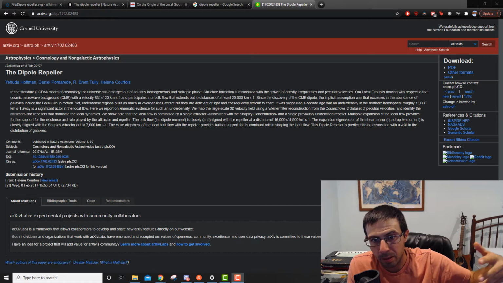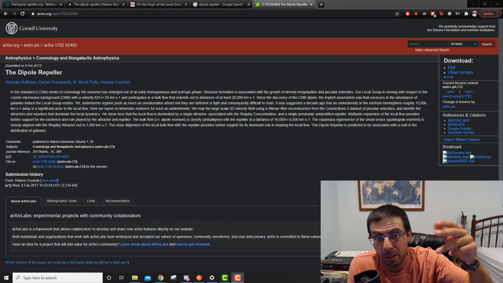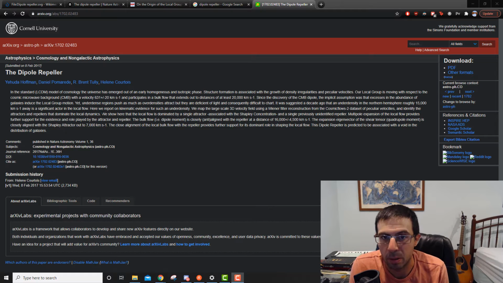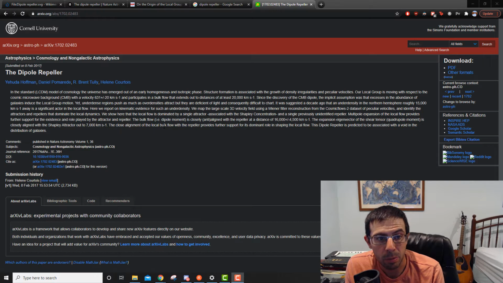Because we see that galaxies are moving in a bulk flow together, and in the past we interpreted it as being towards whatever gravity was pulling us towards. But this is showing that the bulk flow is closely anti-aligned with the repeller. And the close alignment of the local bulk flow with the repeller provides further support for its dominant role in shaping the local flow.